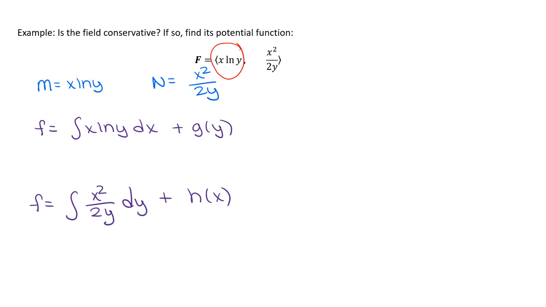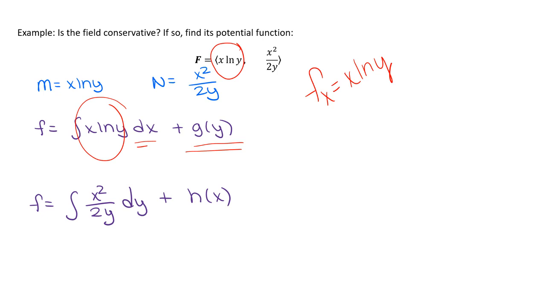So to find my potential function, I'm going to take the M, the x ln y, and integrate that with respect to x. The idea we're using here is our partial derivative with respect to x is x ln y, so our original function is going to be the antiderivative of that, plus we could have other terms that are functions of y, simply because when you take the derivative with respect to x, any terms that don't have x's in them are just going to disappear.